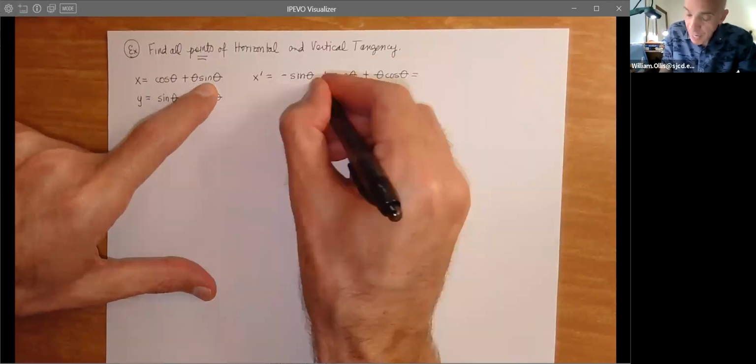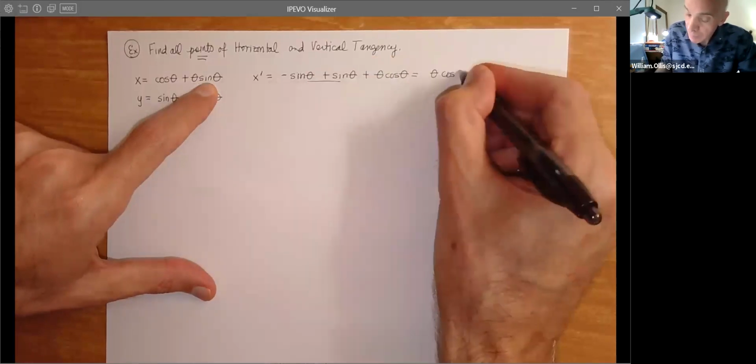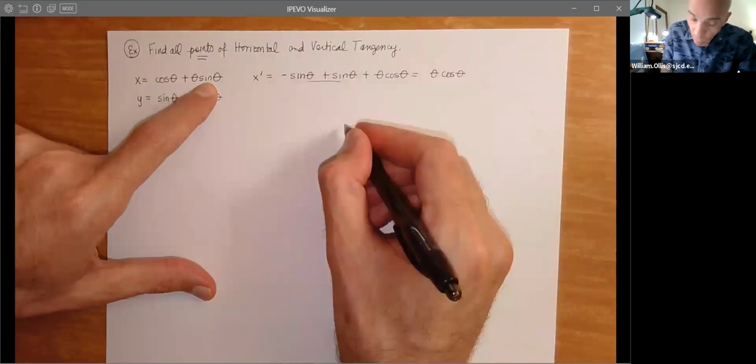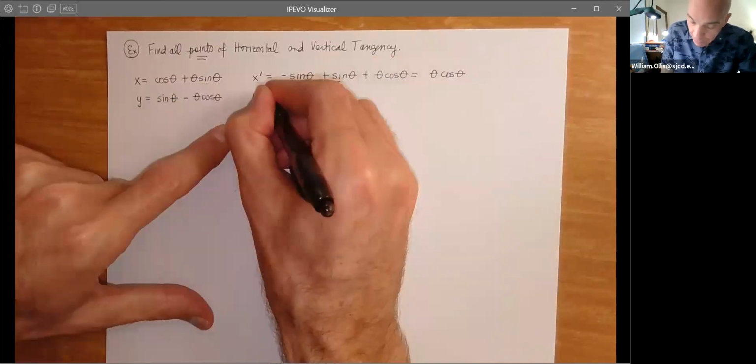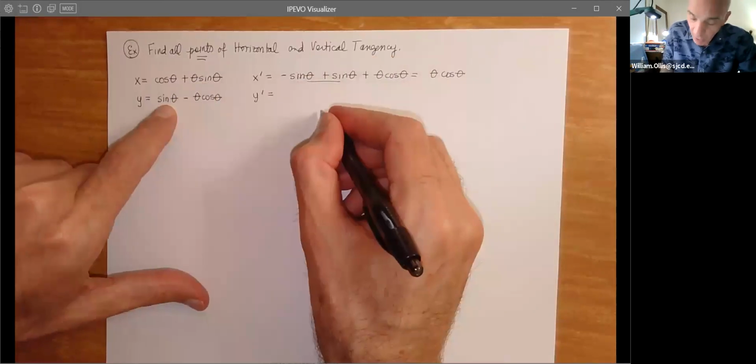So now the sines absorb and we get theta cosine theta. And now y prime: we take the derivative, we get a cosine theta.